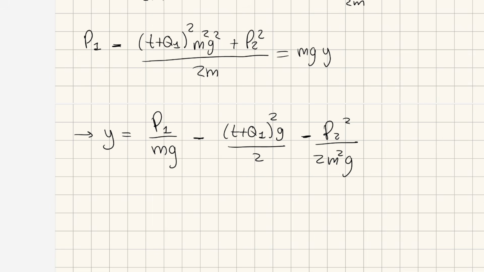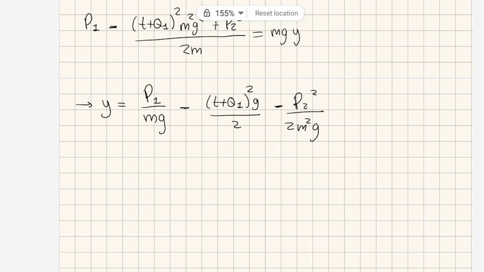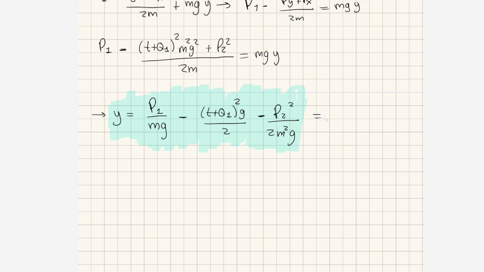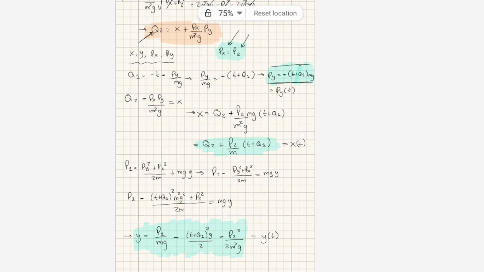And this term is squared, of course. So, yep, I think this is the final result. We have found a function of y in terms of the time, which is the solution of the particle in a uniform gravitational field. Remember, the p1 and the p2 are constants. So this is equivalent to the equation of motion in the y direction. Okay, perfect. So these will be the four results that are important in this lesson.